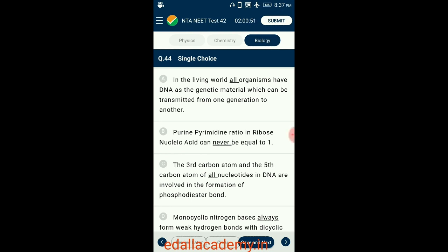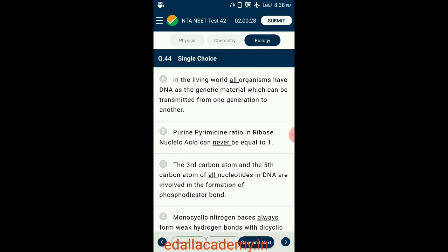Thymine, a monocyclic nitrogen base, pyrimidine, always forms two weak hydrogen bonds with adenine. The dicyclic nitrogen base purine, and cytosine, a monocyclic nitrogen base, pyrimidine, always form three weak hydrogen bonds with guanine.